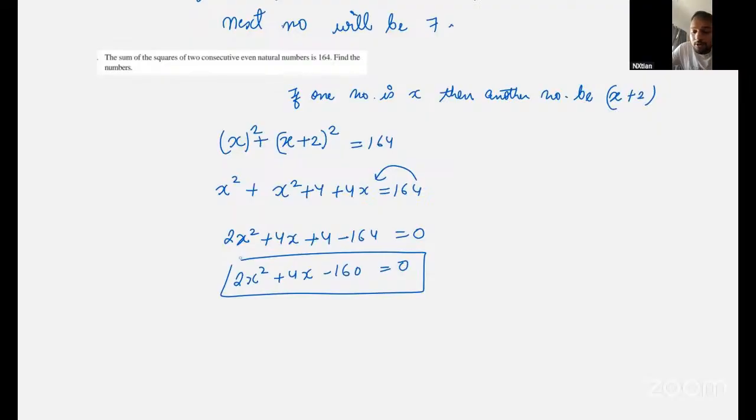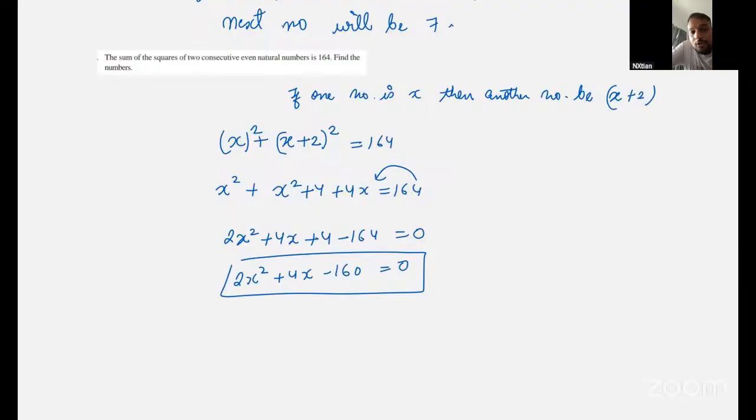Basically, the question is saying the sum of the squares of two consecutive even natural numbers. What is the meaning of consecutive, first of all? Consecutive means one after one. So if 12 is the number, what is the consecutive number of that? 14, sir, even.